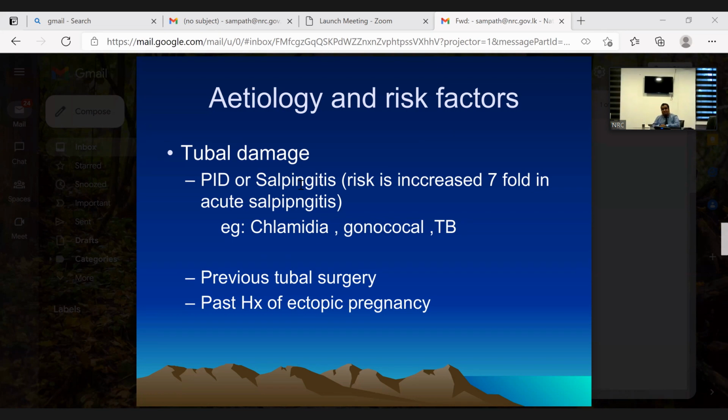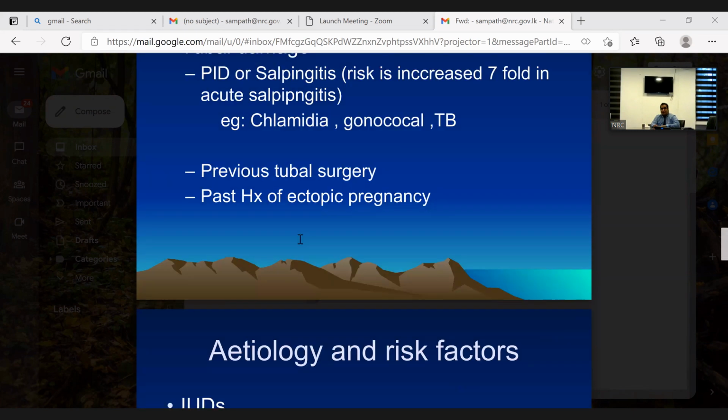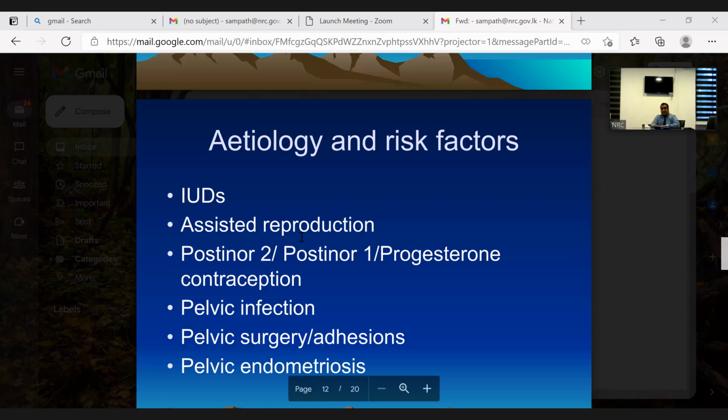That is the important thing of knowing these etiology risk factors. When they come with a previous ectopic, you always do an early scan and confirm because she runs a higher risk of another ectopic pregnancy. Right, so when you practice, you see this is very, very handy, these lectures, the little ideas.